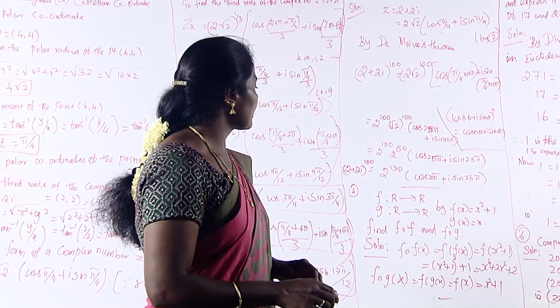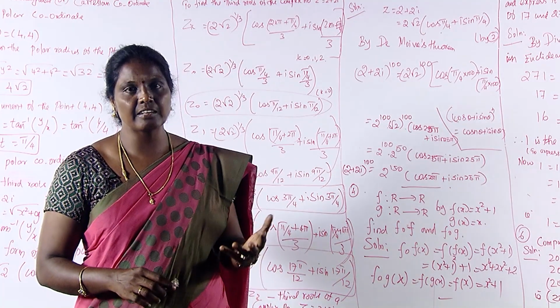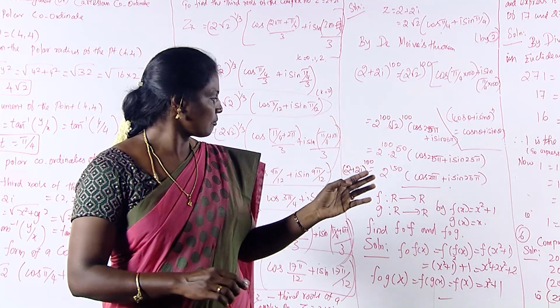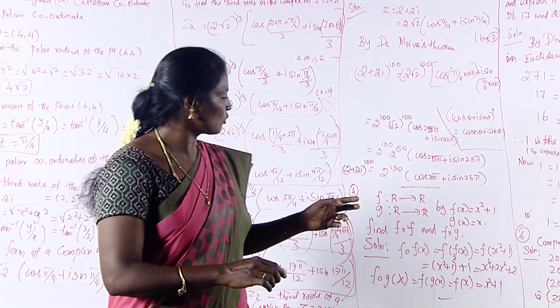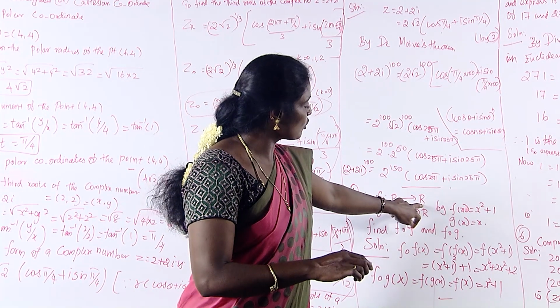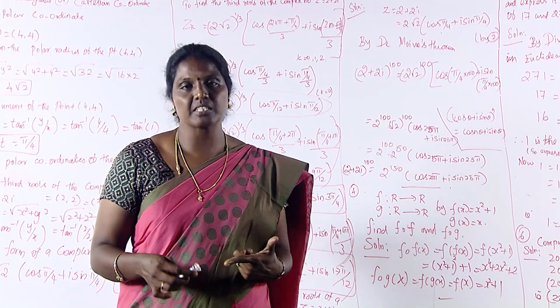Composite you can define because once f is a function from one domain to another, and that codomain is the domain of another function, then only we can define the composite of functions.